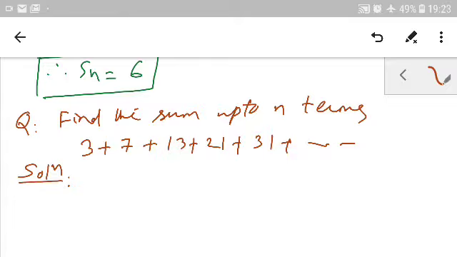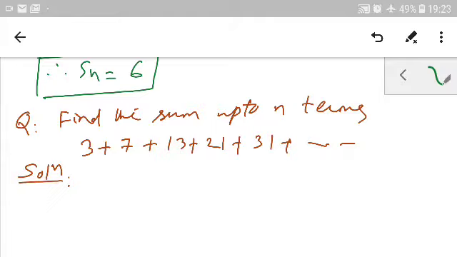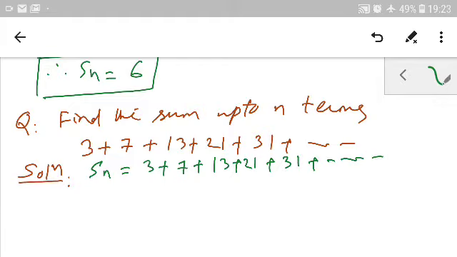So for this type of question, you have to first find Tn, and there is a particular process for finding the value of Tn. So let me tell you that one. Okay. So here you write Sn like this: 3 plus 7 plus 13 plus 21 plus 31. It goes on like this. Then what you do, you write Sn but shifting one place to the right.